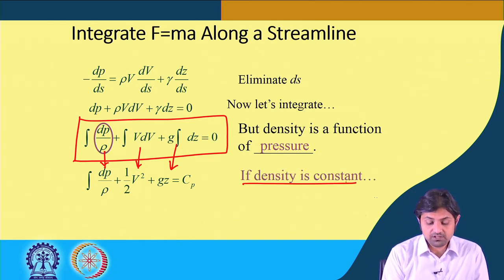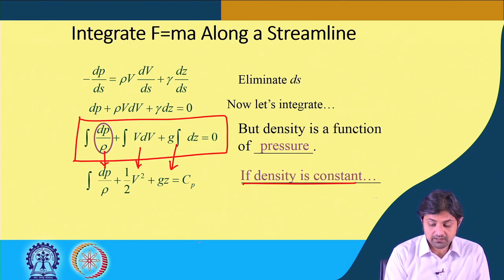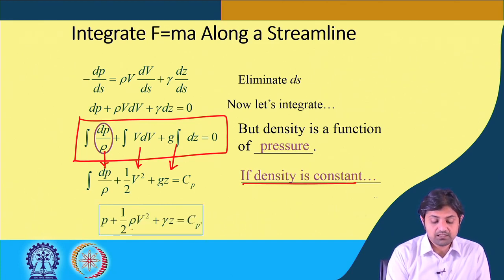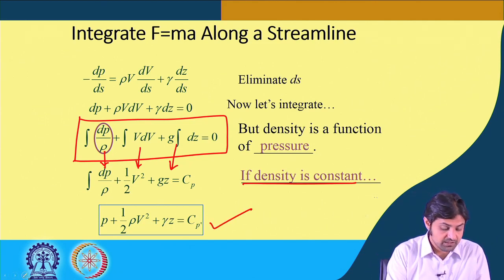If density is constant, we can write p plus half rho V square plus gamma z is equal to a constant.